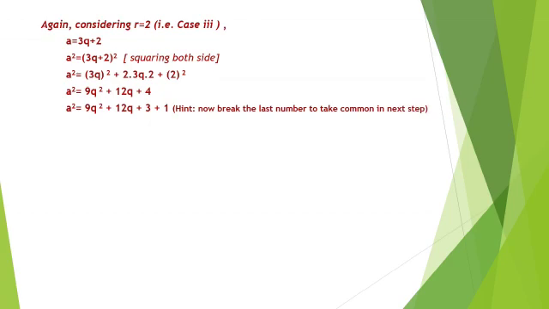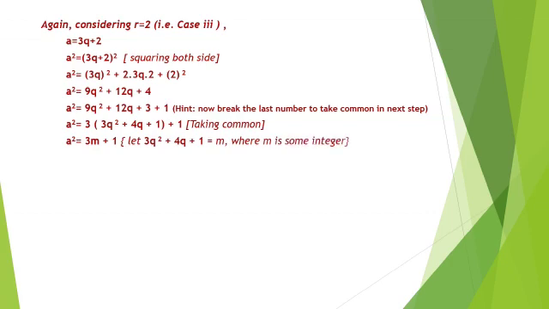So 9q square plus 12q plus 3 plus 1, we can easily write it down. Now we take common 3, giving 3q square plus 4q plus 1. We separated 4 as 3 plus 1 because we have to make it match with the question. Next step, a square is equal to 3m plus 1. Let 3q square plus 4q plus 1 be equal to m, where m is some integer. We call it equation number 3.